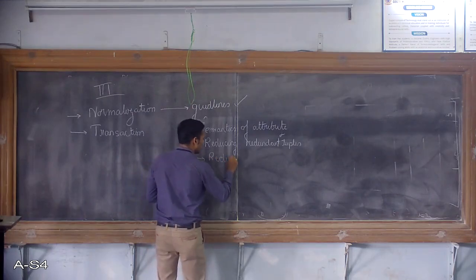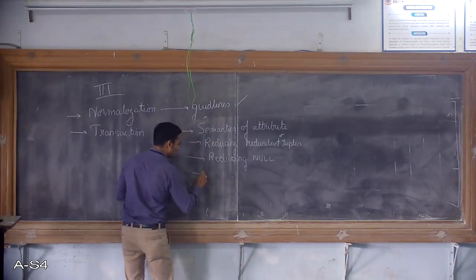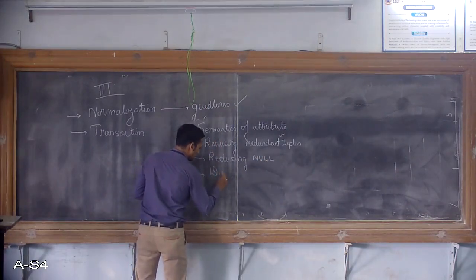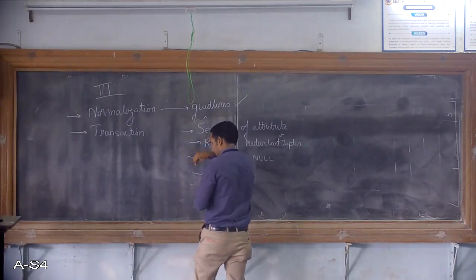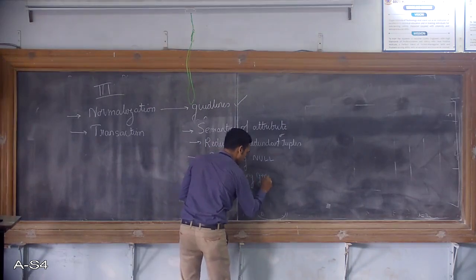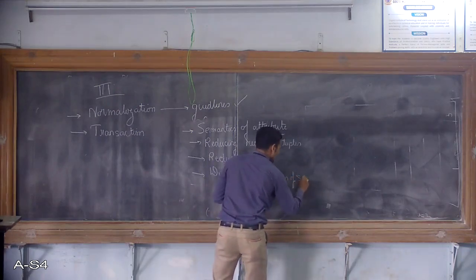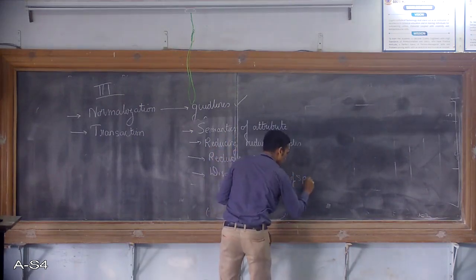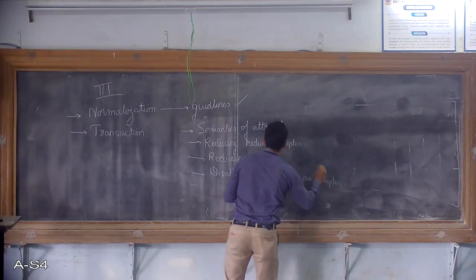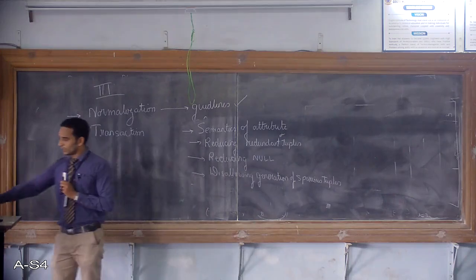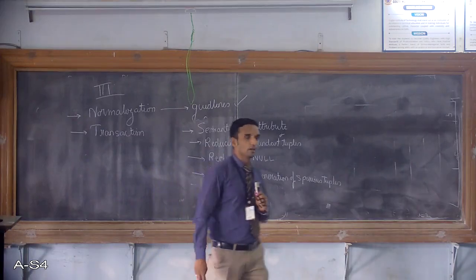Third one is reducing null values, and fourth one is disallowing generation of spurious tuples. So these are the guidelines which should be followed when you are going to generate a good relation.